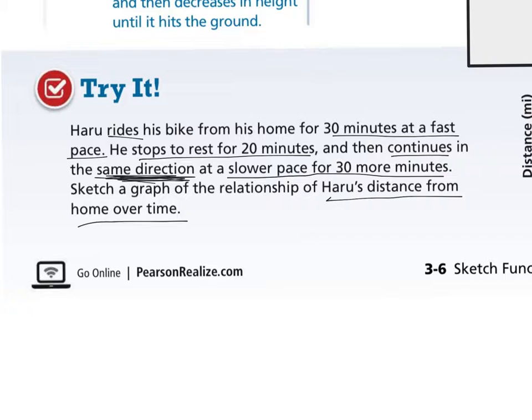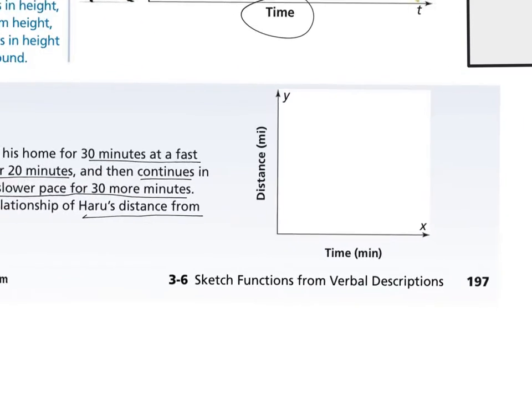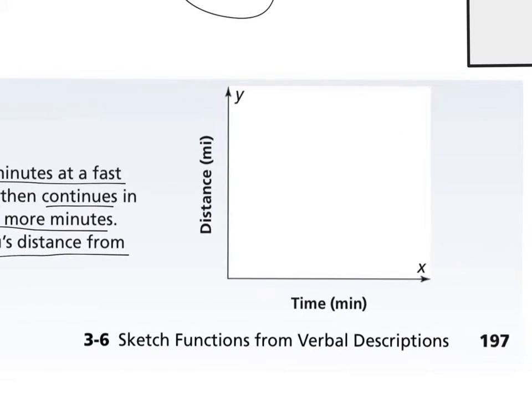Okay, and this is important when he's continuing, that he is continuing in the same direction here. All right, so we're looking at his distance from home. So he's starting out. Notice they've got this already set up for us here, which isn't always going to be the case. Time in minutes is our x-axis, distance in miles, and you might add from home.